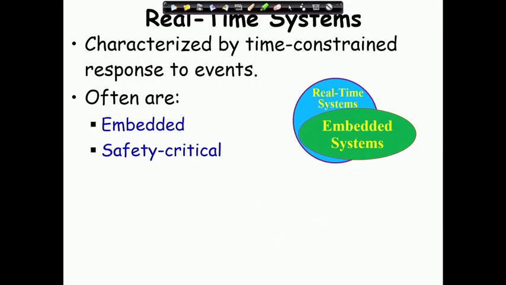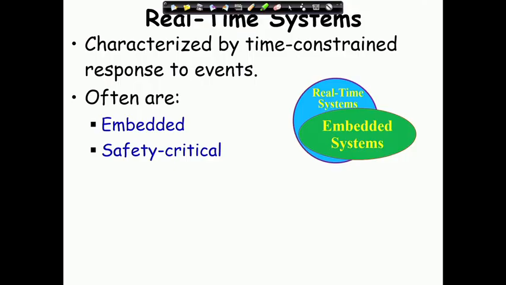So, there are numerous embedded computers around us, and what we want to really say is that the majority of embedded systems are actually real time systems, but then there are other real time systems which may not be actually embedded.